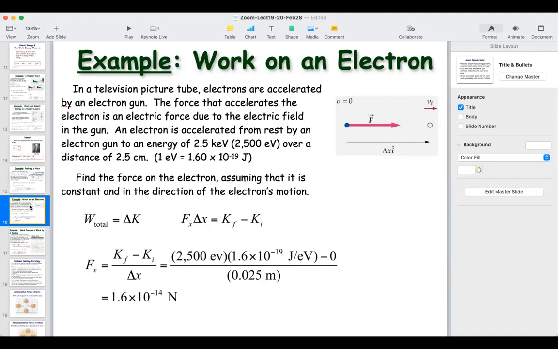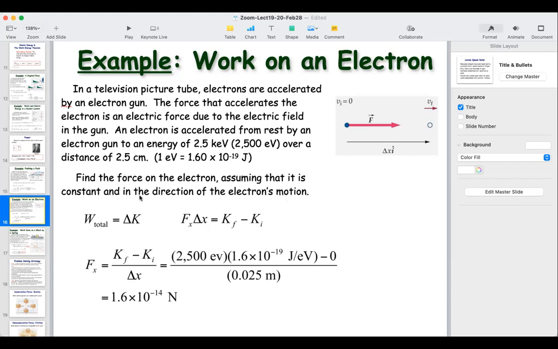An electron is accelerated from rest by an electron gun to an energy of 2.5 keV, which means 2,500 electron volt, over a distance of 2.5 centimeter. And it tells you here that 1 electron volt is 1.6 times 10 to the minus 19 joule. Find the force on the electron, assuming that it's constant and in the direction of the electron's motion.